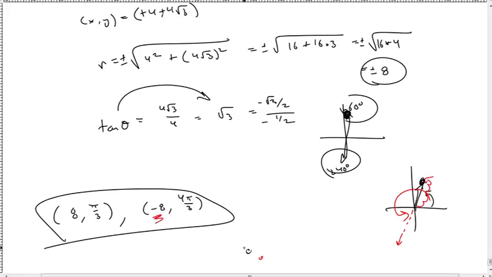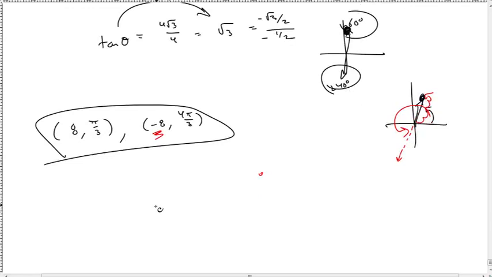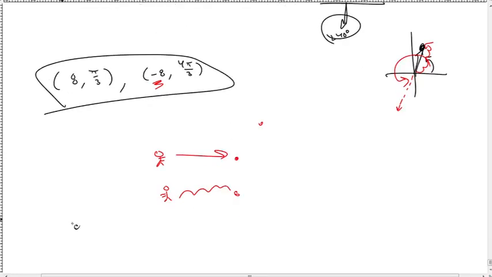In class, I often like to show this where I'm facing this way and I walk positive. But then I'm facing this way and I walk backwards. And I end up being at the same location. The idea is that you can alter and change those to be able to get to that same point. I'm sure there's other answers, but those are the only ones between 0 and 2 pi. So, okay.